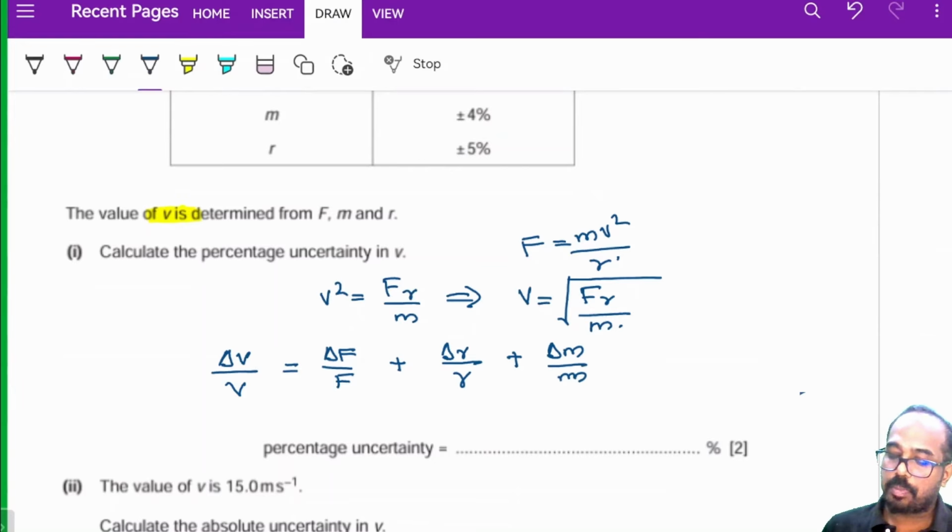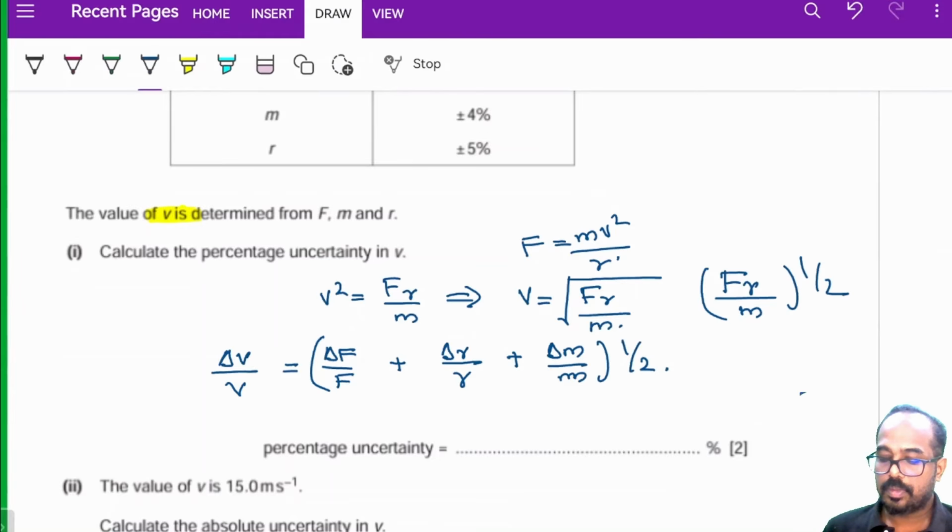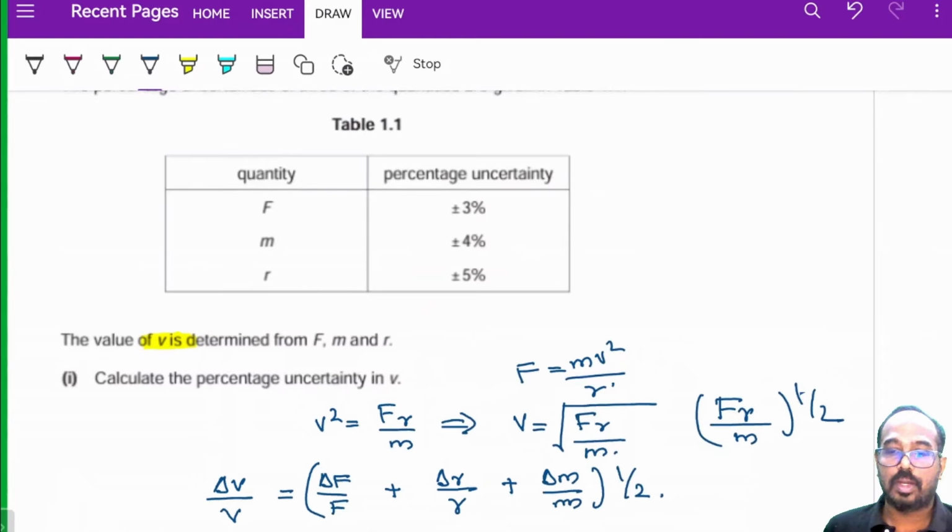And everything has a power, right? This you can write it as Fr upon M to the power 1 by 2, right? This power you should multiply with every term, correct? And this is fractional uncertainty. Percentage uncertainty is given. If you multiply by 100, you will get it, right?